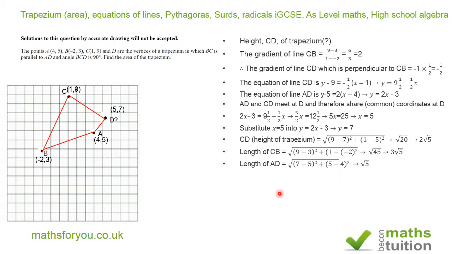Now, the area of a trapezium is the height times half the sum of the parallel sides. So the height is CD, and the parallel sides are CB and AD. So we have 2 root 5, which is the height of the trapezium, CD, times half of the sum of 3 root 5 plus root 5, 3 root 5 being the length of CB, and root 5 being the length of AD. Of course, the 2's cancel out.